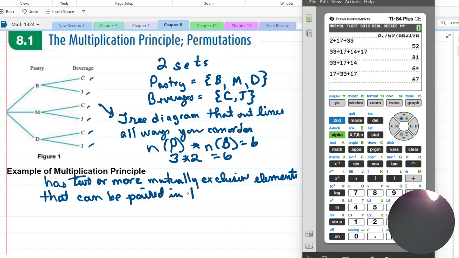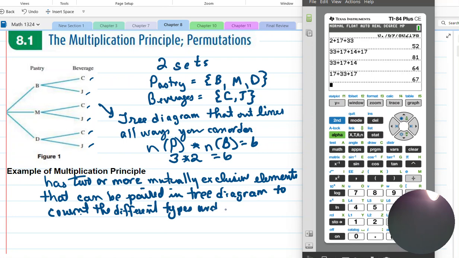Use a tree diagram to count the different types and quantities.